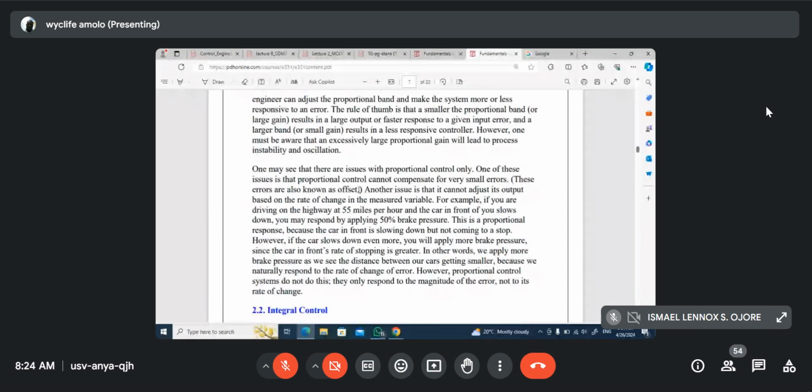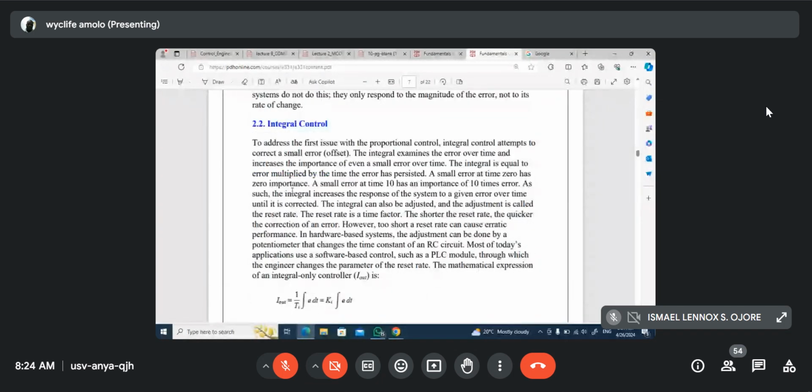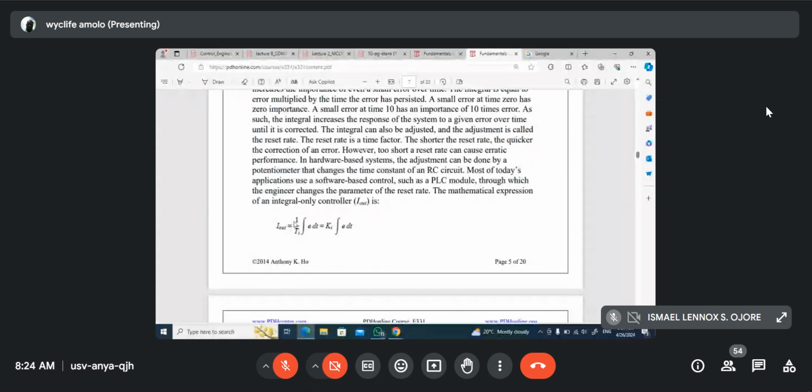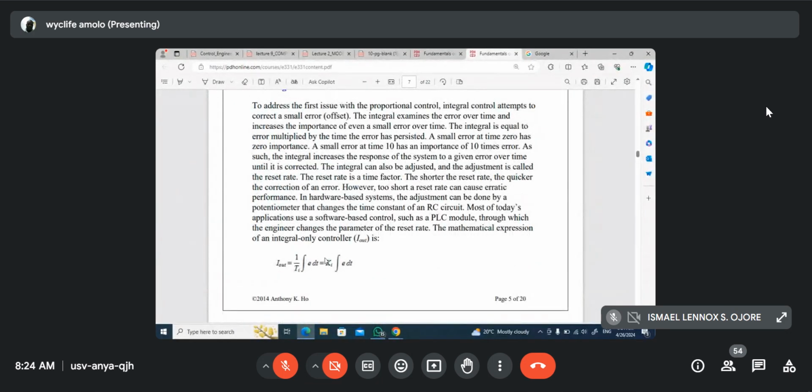So this one I know you just read. If you want to see the integral part, it is just this equation here. The error is being integrated, and the area is used to divide so that you can get the I output. So K is Ki times the integral of that. Normally, in the control system, they call integral the part that is supposed to remember the past.